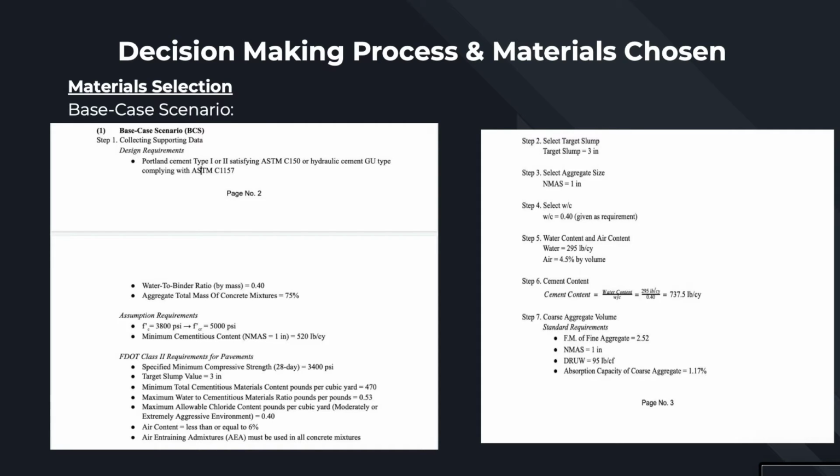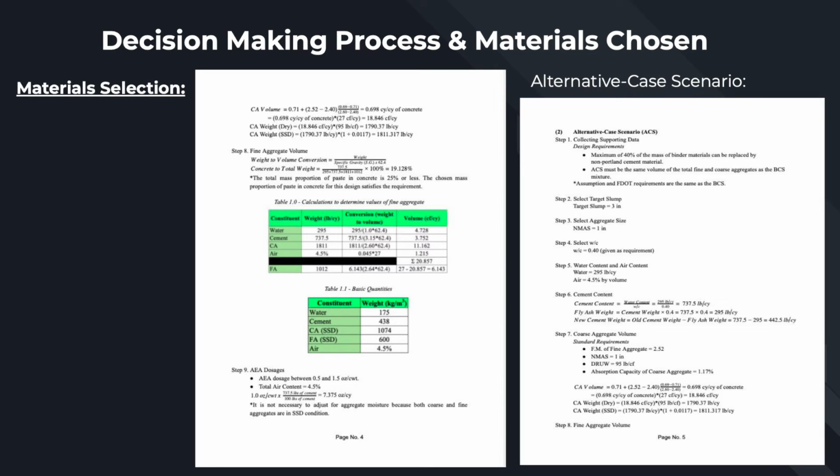We used the compressive strength of about 3,800 psi, and after doing all the calculations for water, cement, coarse and fine aggregate, and air, the quantities were calculated. For water, we have a weight of 175, cement 438, coarse aggregate 1,074, fine aggregate 600, and the air content percentage is 4.5%.